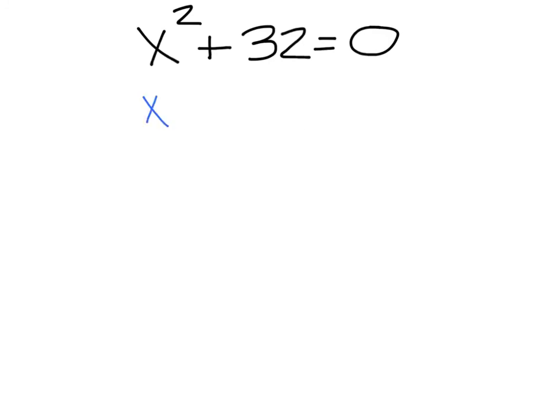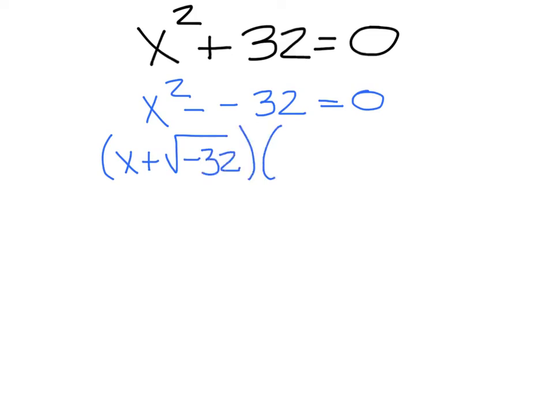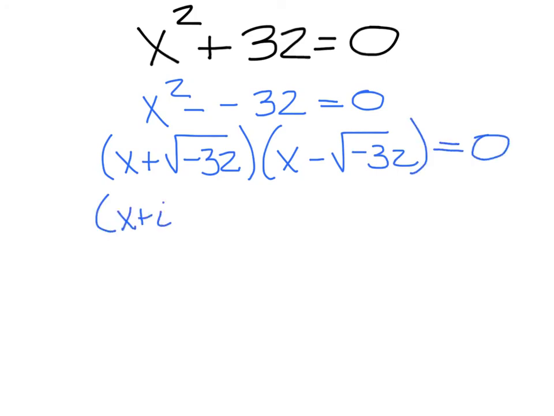For this problem, it should be x squared minus a negative 32 equals 0. Break that up as x plus the square root of negative 32, x minus the square root of negative 32, and you're going to have x plus i square root of 32, x minus i square root of 32.